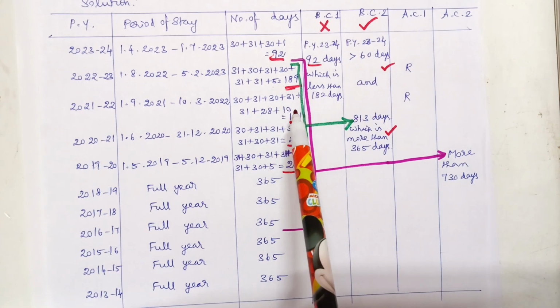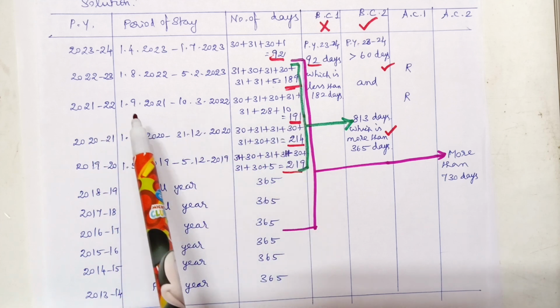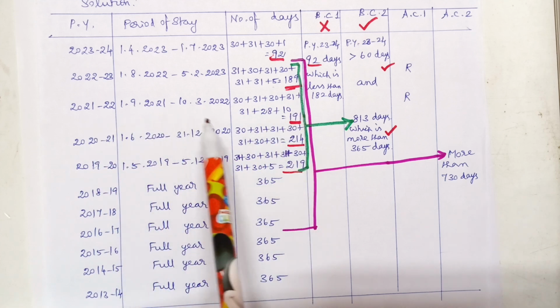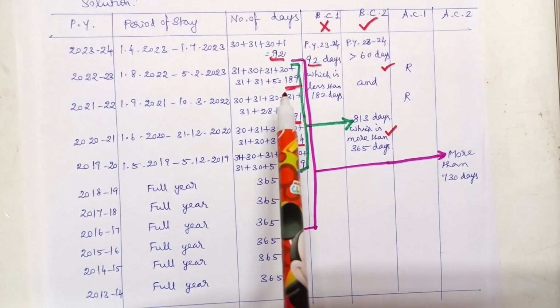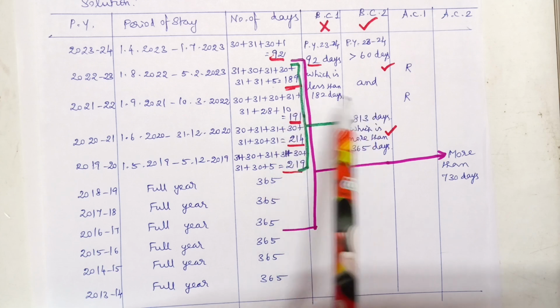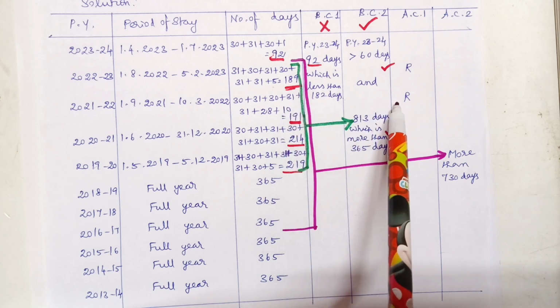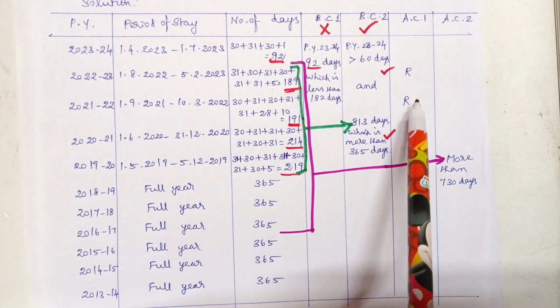Then we have to check with the preceding year also. 21 to 22 is now assumed as previous year. During this particular year, his number of days of stay has been calculated as 191, which is more than 182 days. So, for this year also, he is fulfilling basic condition number 1 and is determined as resident.